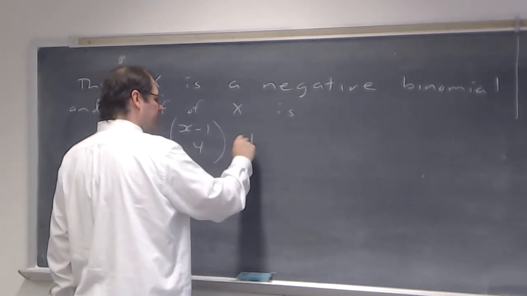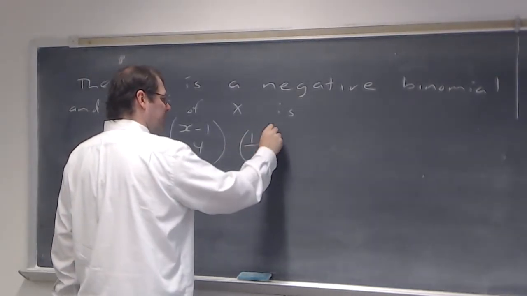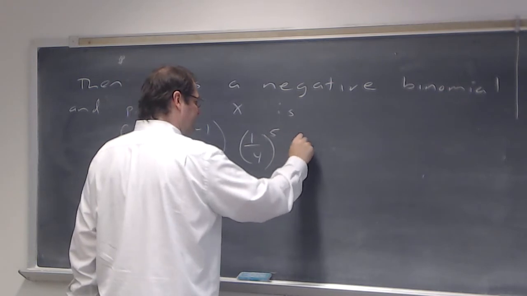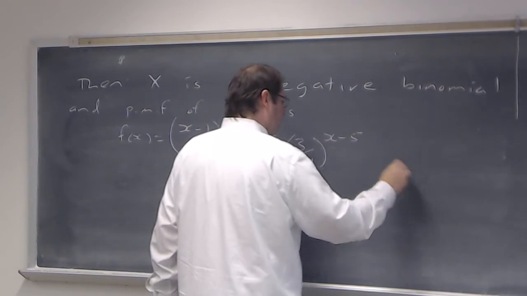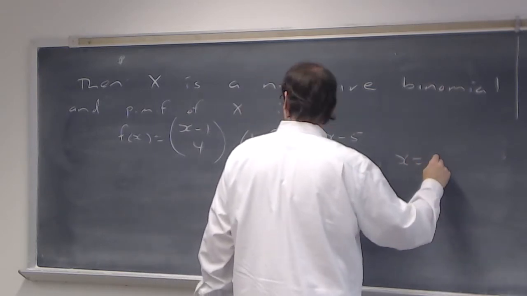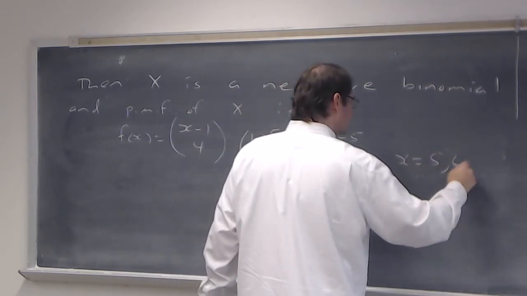Then it's p, which is 1/4, raised to the r, which is 5, and then 1 minus p, that's 3/4, raised to the x minus 5, where x starts off with 5, 6, and goes on forever.